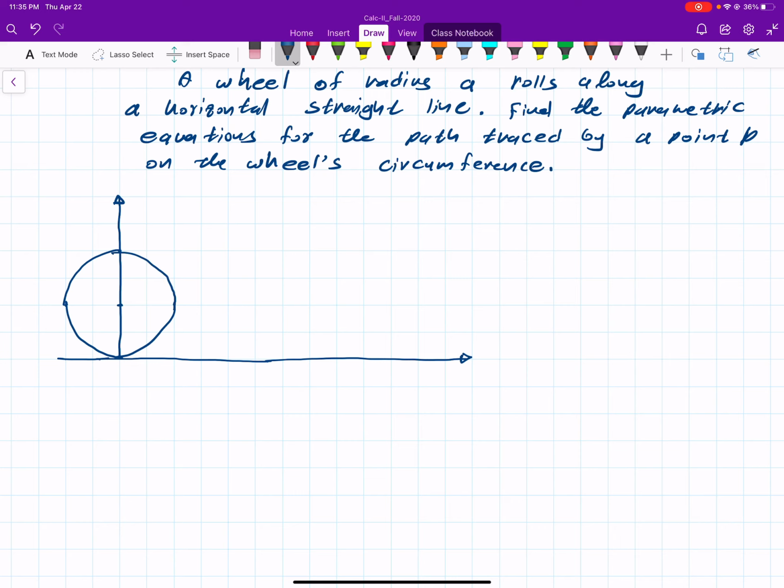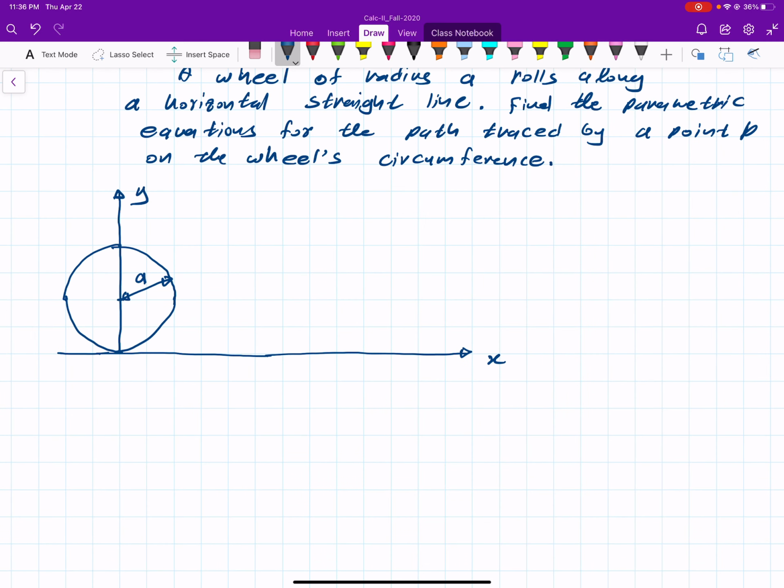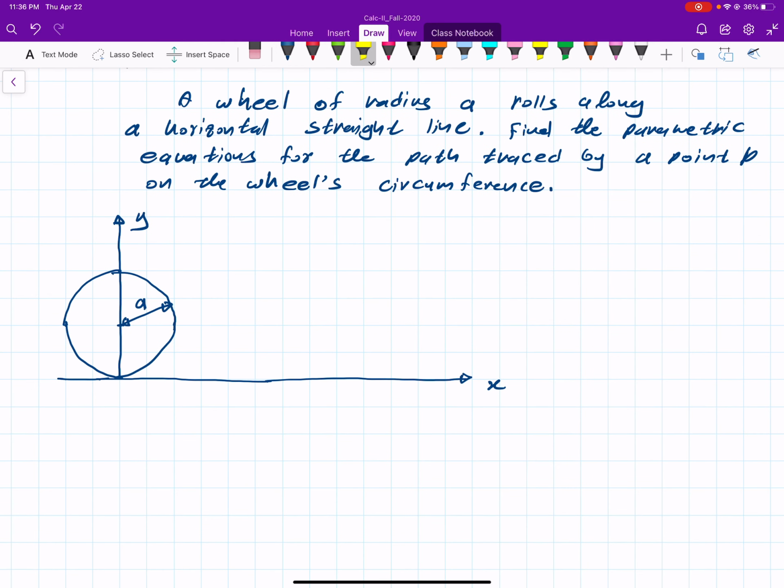This is the radius, which is A. This is y, and that is x. This is the point that we are interested in, a point P on the wheel's circumference. So that point is right here.